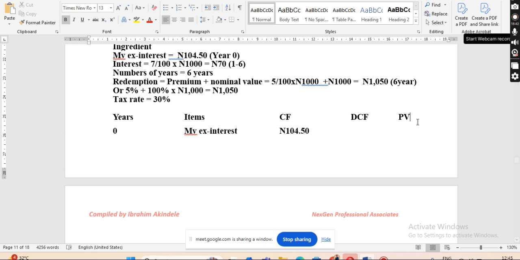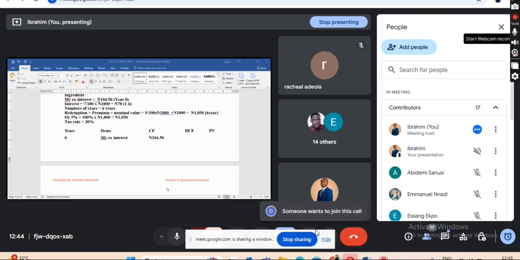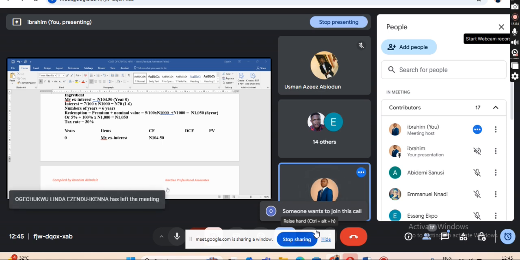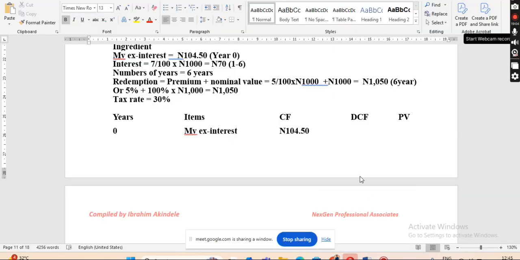We can use 4 first, then you can use 10 or 15, because we need to get the positive NPV as well as the negative NPV. So we can decide to use 5%.